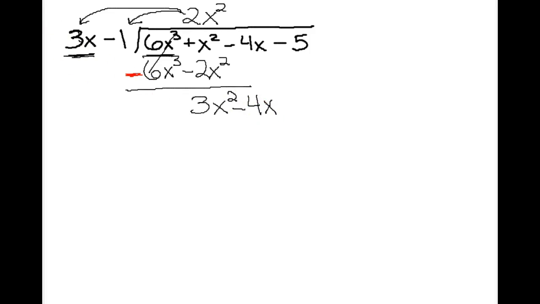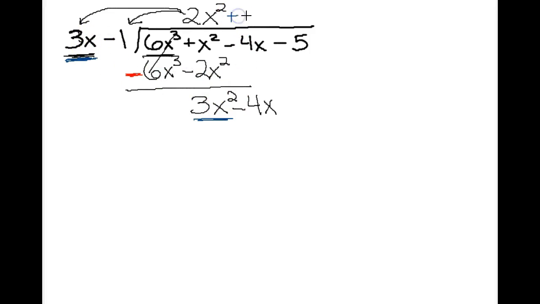Then we're going to do the same thing. We are going to look at this term and compare it to this term. Okay, so how do we get 3x squared if we already have 3x? Well, the only thing we need to add in this is an x.